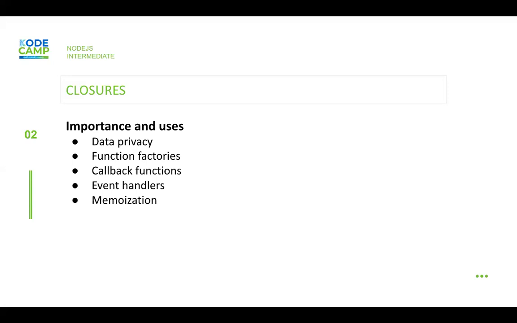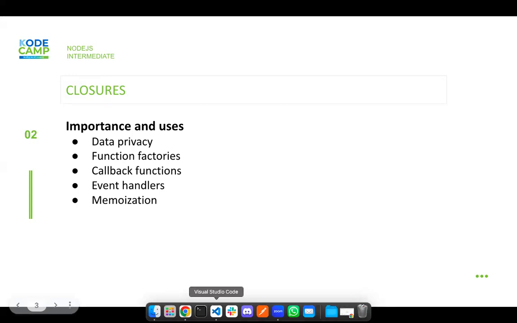So any variable you declare using the var keyword will pollute the working environment. That's why in ES6, let and const were introduced to address this problem. Closures were also introduced to minimize the pollution of the working environment by not exposing your variables.